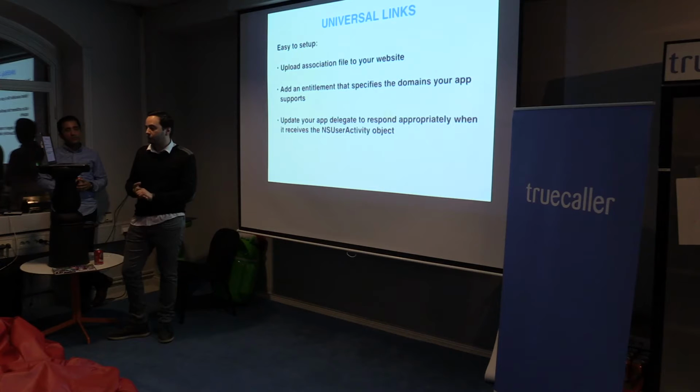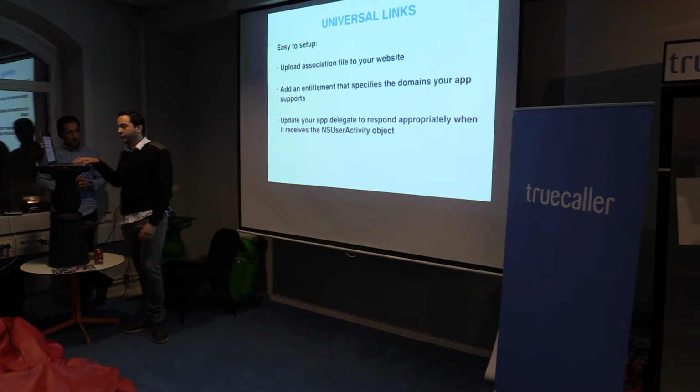And it's a very simple one. You can find a sample on developer.apple.com. But it basically says which types of links, which types of paths you can handle in your app and which you don't want to handle so that they go to Safari.